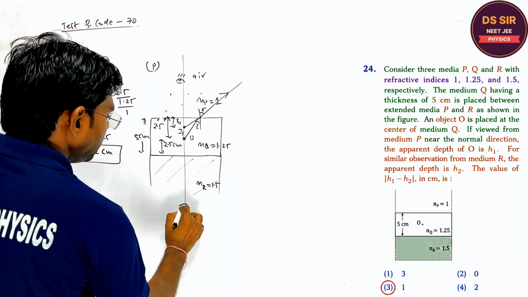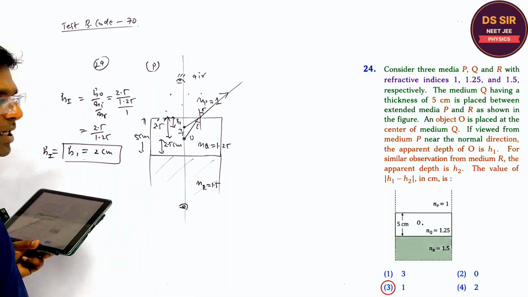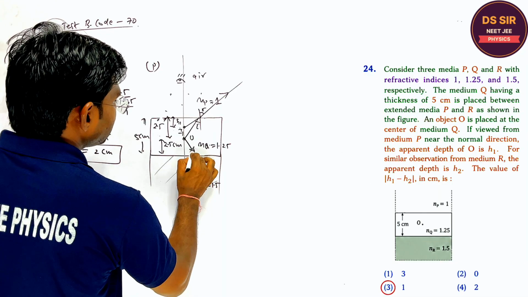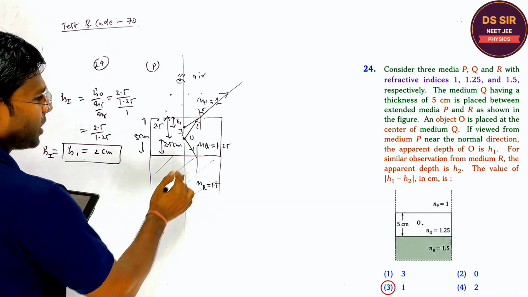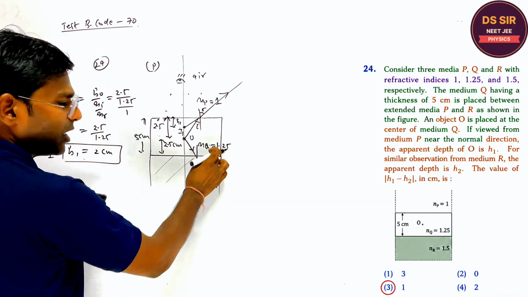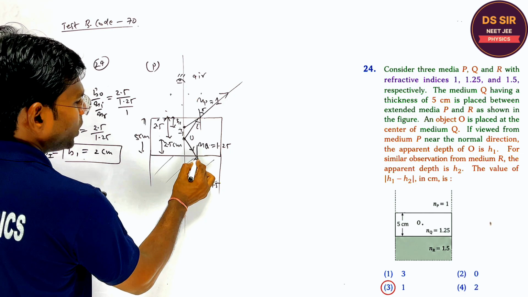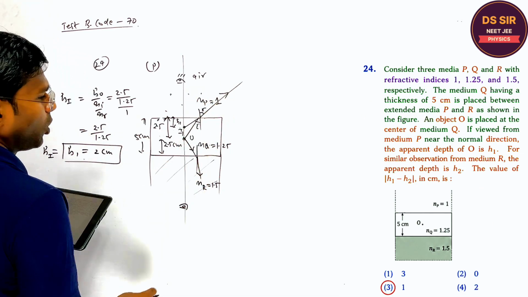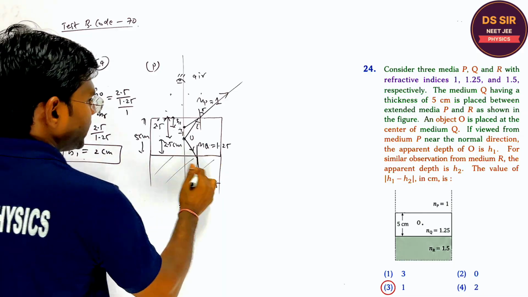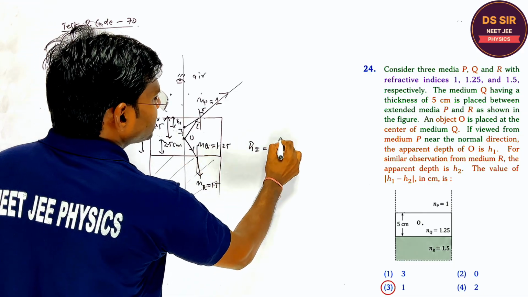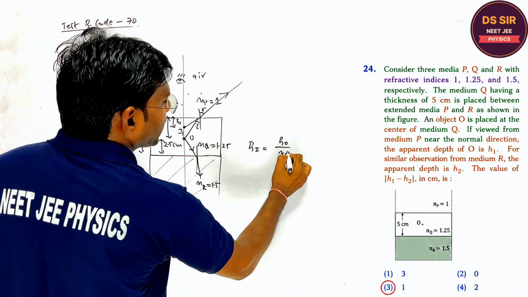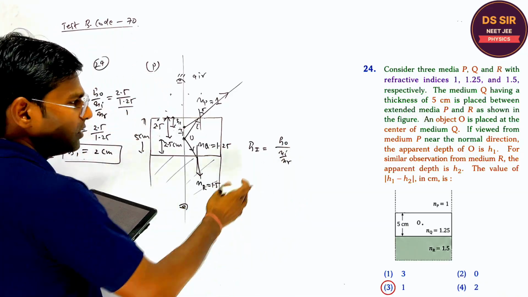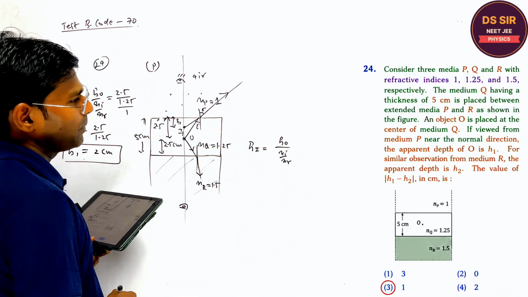Now when you see the same object from the medium R, what will happen? This is the image, this is the refraction here, this is the rarer medium and denser medium, so it will move towards the normal. Here it moves away from the normal. In this case the image height is given by again h_O upon N_i upon N_r. This is the formula of refraction through a plane surface.